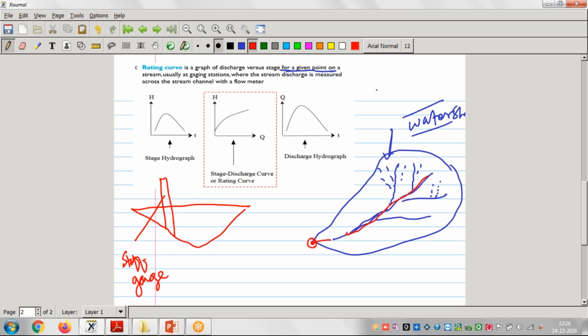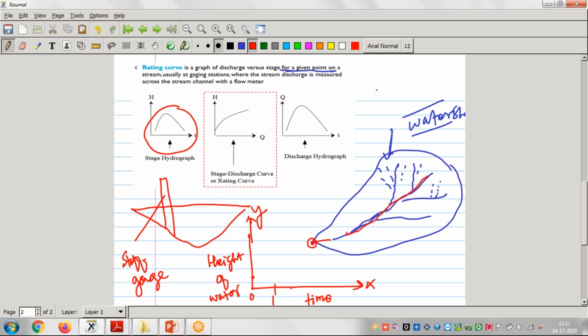And simultaneously, suppose now what we do here, I'm talking about this graph, that is the stage hydrograph. On the x-axis we take the time, and on the y-axis we take the stage height of water, or the stage. Suppose at time t0 there was nothing, or a very small height of water.